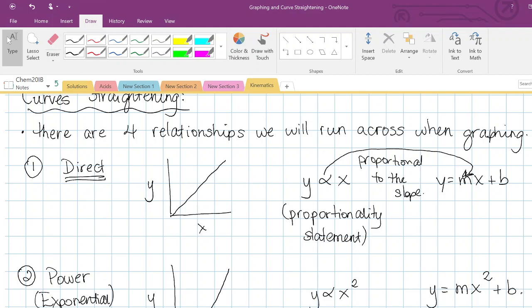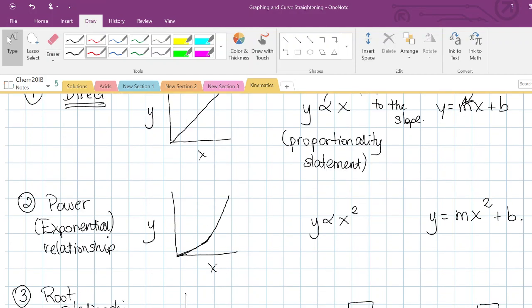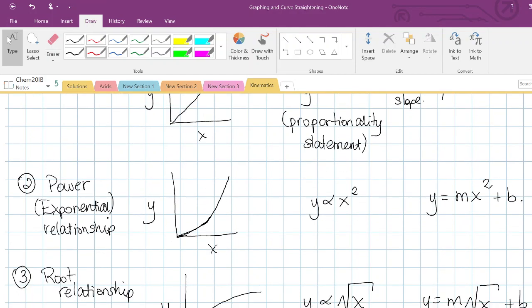Versus if you have something like a power or an exponential relationship. In a power relationship or an exponential relationship, it's not a linear function, because as you start plotting your data, you start noticing that there's a very distinct curve in the trend of that data, and it curls, right?